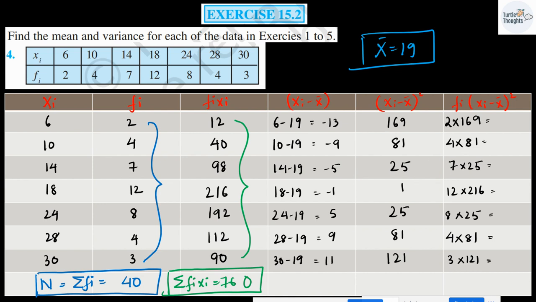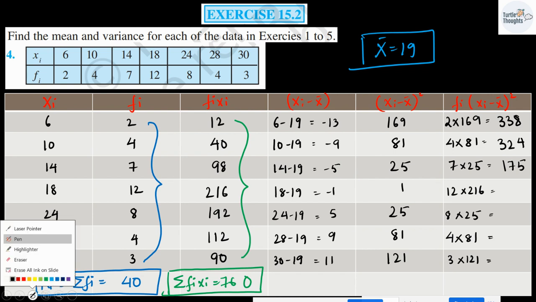2 multiplied by 169, 8, 8 carry 1, 3, 338. Next, you will be getting 4 multiplied by 81, which is going to be 324. 7 multiplied by 25, it is 175. 12 multiplied by 216. Is this 12 multiplied by 216? Sorry, I have written wrong.